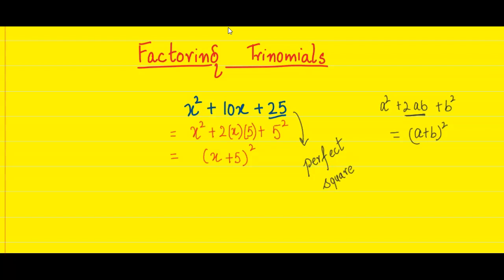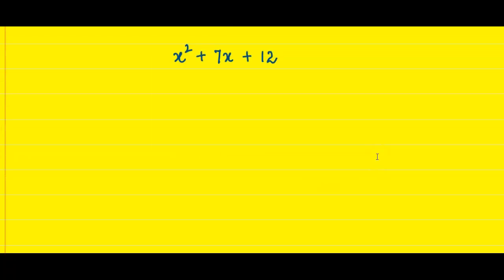Let's move on to the next trinomial. Now observe this trinomial for some time. The last term 12 is not a perfect square.